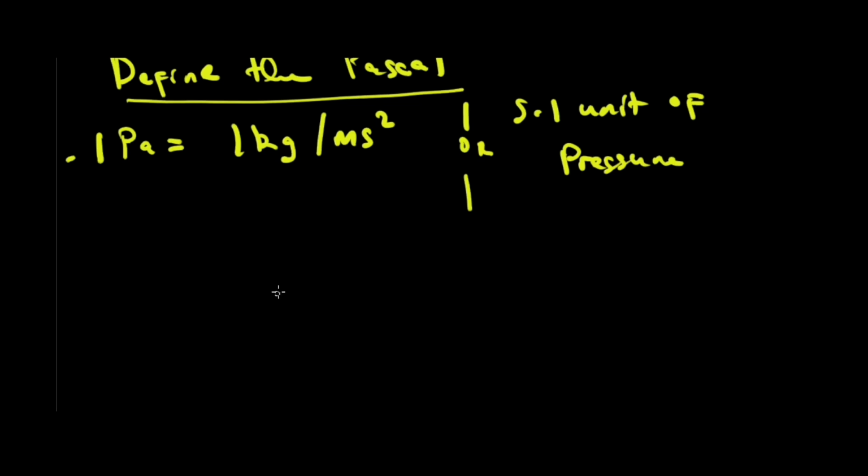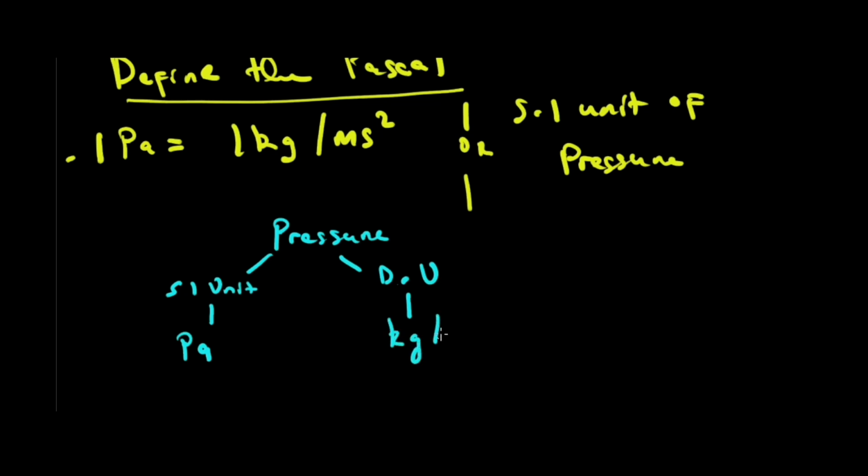What we want to do here is define what has been happening. So the SI unit of pressure is the Pascal, Pa. The derived unit of pressure is kg per meter second squared. Then the definition of the Pascal: 1 Pascal is equal to 1 kg per meter seconds squared. So that is what we do in our derivations.